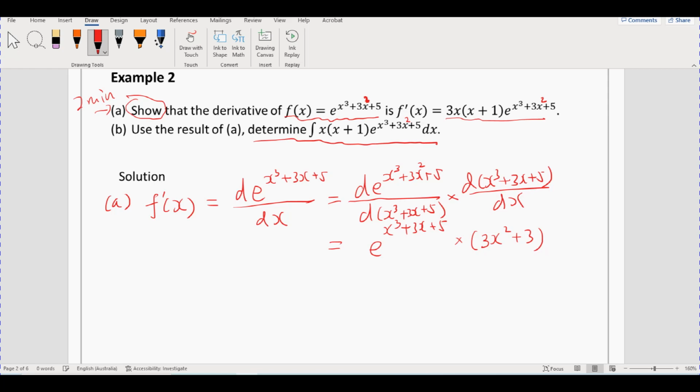Oh, that means there's something wrong with my question now. So you need to make this 2. I think I made a mistake in my PowerPoint as well. Really sorry about that. It should be 3x squared, so it becomes 6x. Yeah, so that's the question. I'll give you some time to change that.